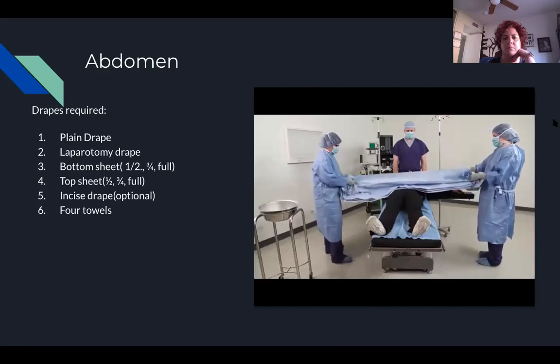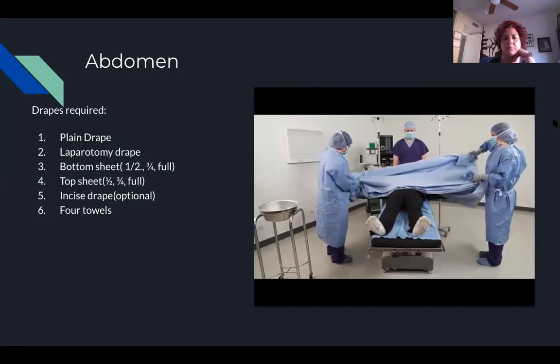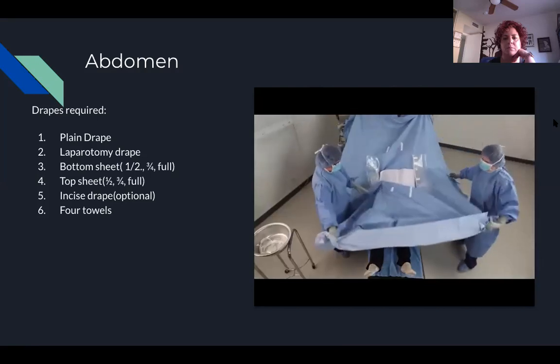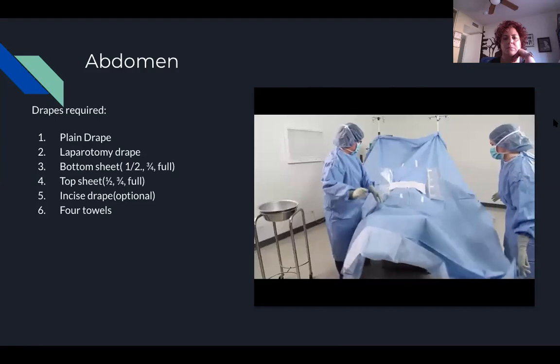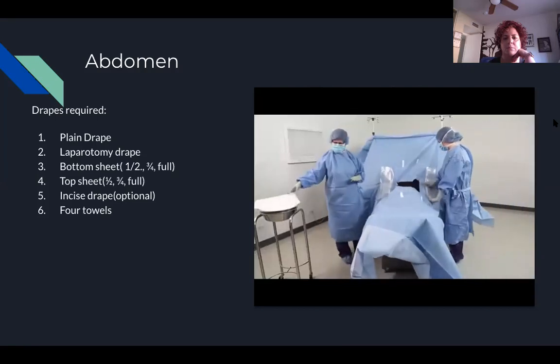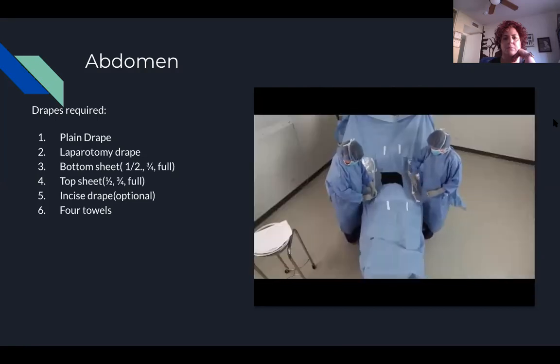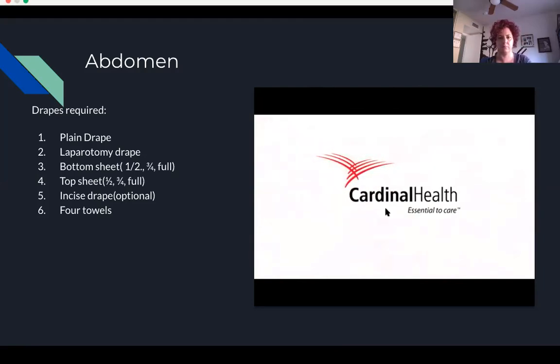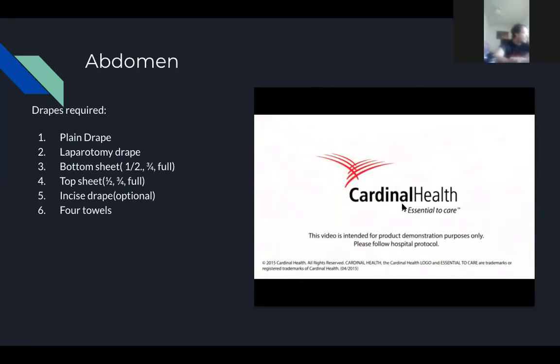Next, unfold to the head and cover armboard covers. Unfold to the feet. The 2 bilateral pouches on each side of the fenestrations can be used to manage light cords, cables, and accessories. And drape.